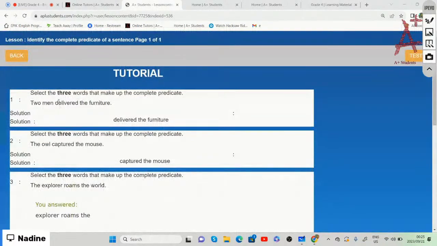So now we're going to select the three words that make up the complete predicate. Two men delivered the furniture. We need to select the action that they did. So if we select the subject, then two men is our subject. But now we need to identify the predicate.